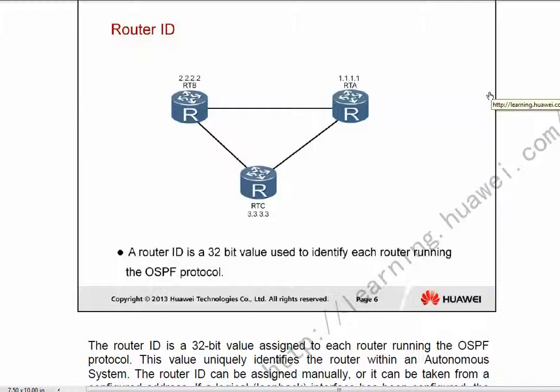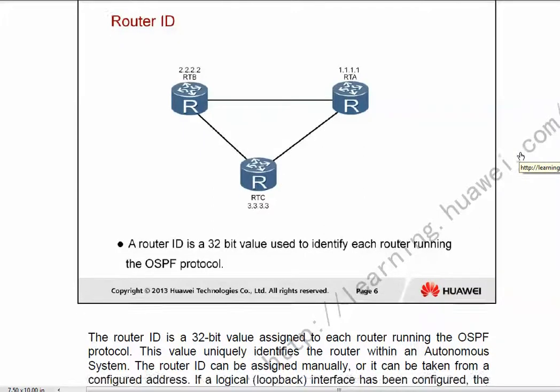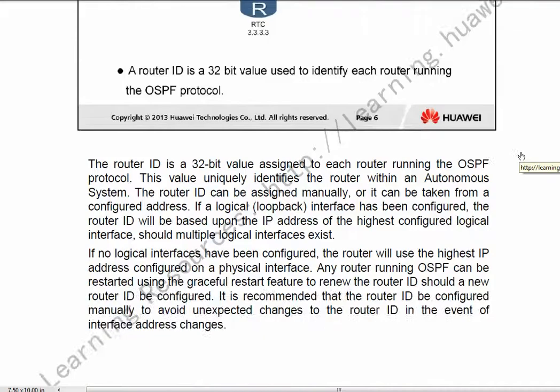And if you don't have any loopback address configured, it will pick the largest physical IP address configured on the router. But in order to manage your routers properly, again, you should assign the router ID for each of your OSPF routers.